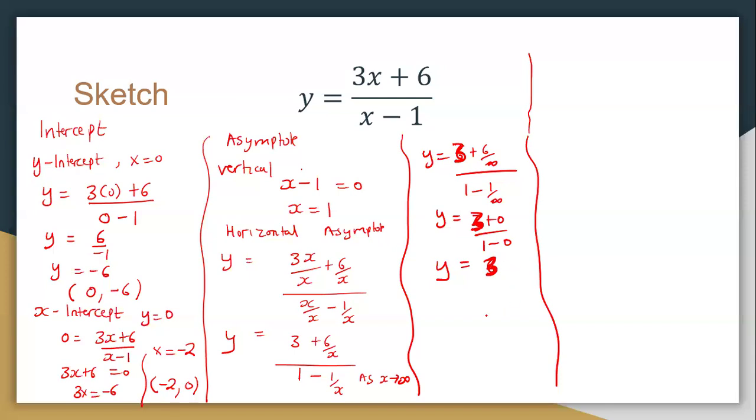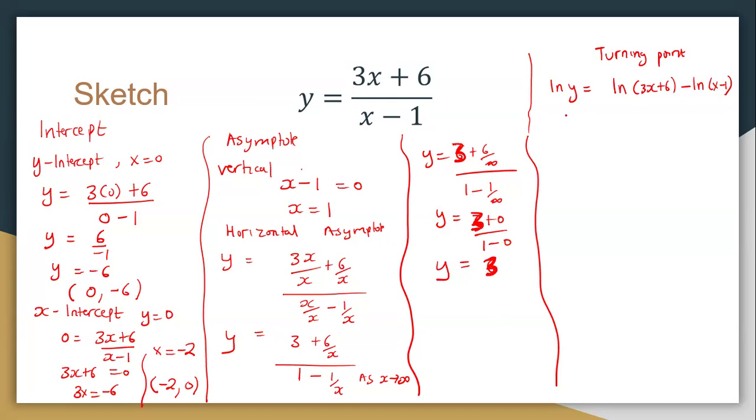Now for the turning point, we first take logarithms on both sides, which gives ln y equals ln of 3x plus 6 minus ln of x minus 1.